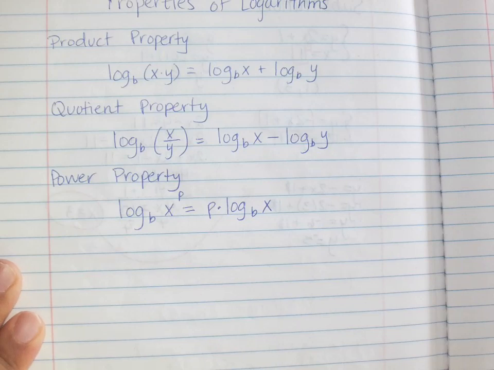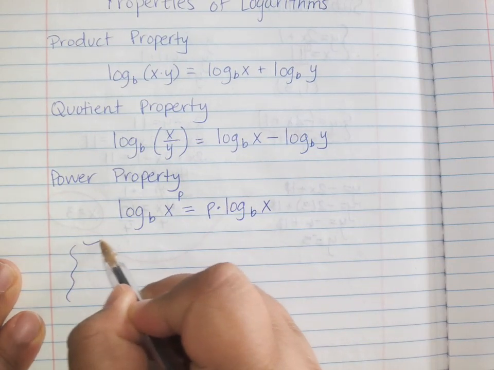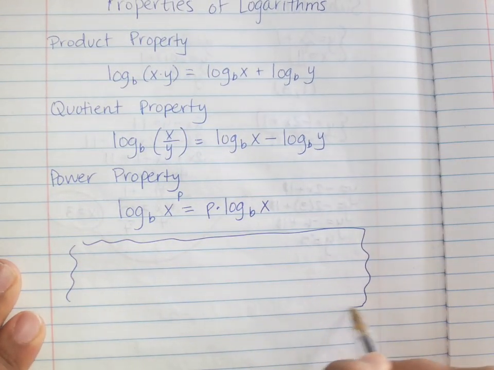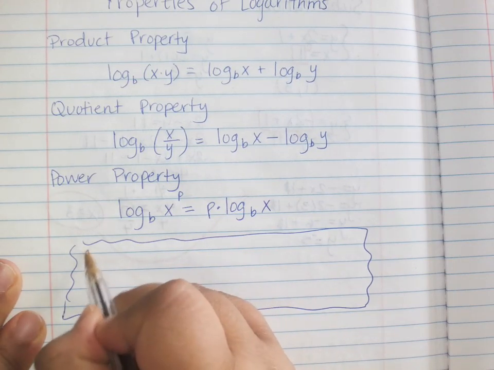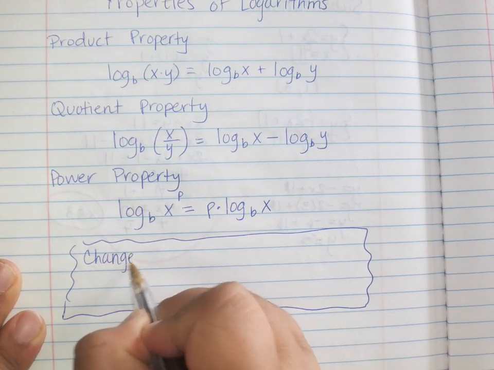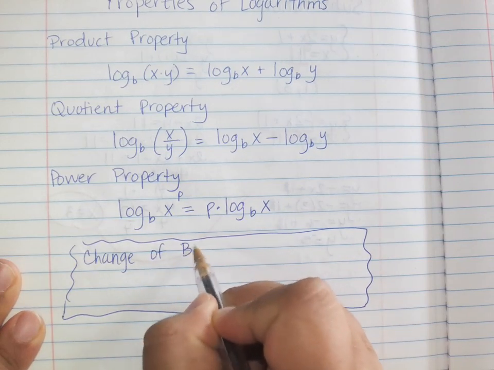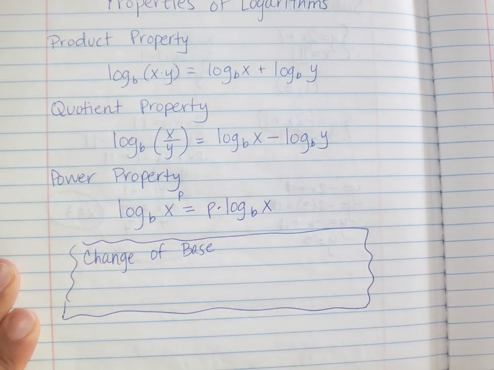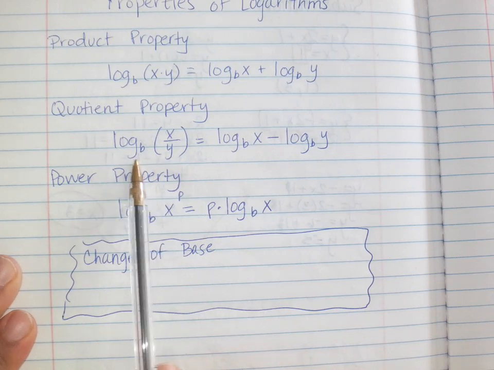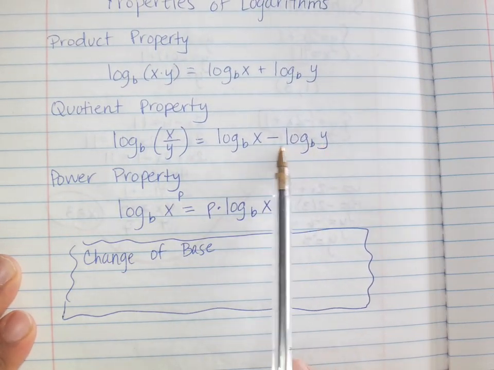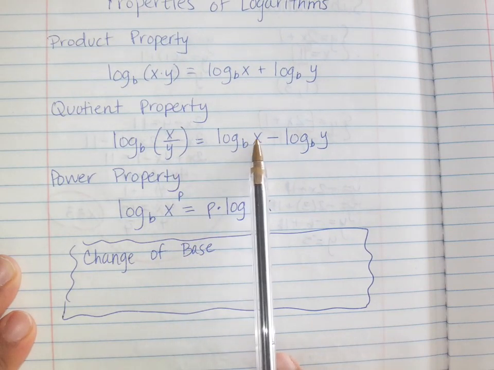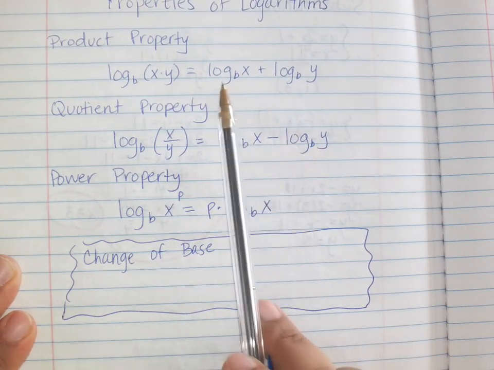Now there's one thing that comes up on your IXL. We're not going to be using it as much, but if you do, let me just explain what it is, and it's how we change the base. So remember, you can do these properties backwards. So let's say we have 2 terms like this. We can put them together that way, only if they have the same base. Same thing here.